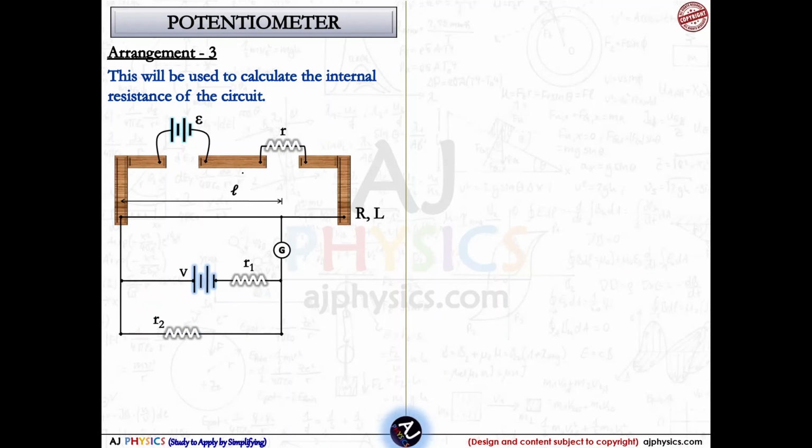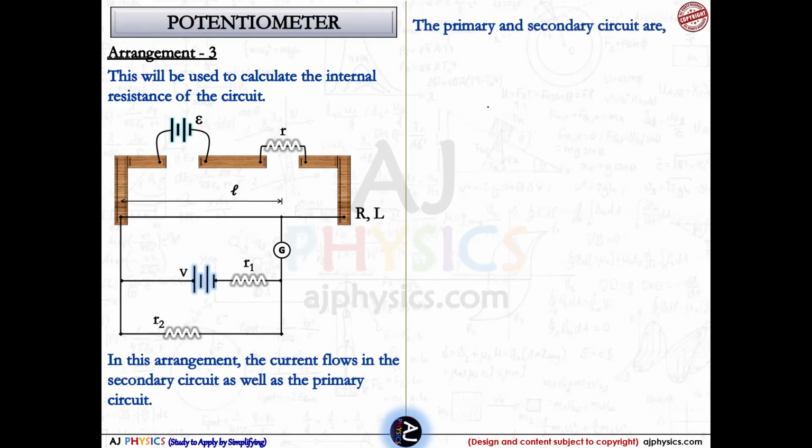Now the next thing is the relation which we used in the secondary in the arrangement 1, that is the same relation which we have to use here.